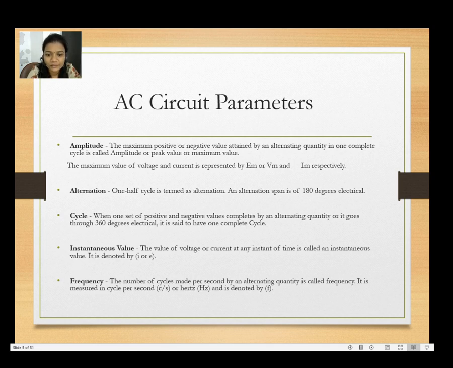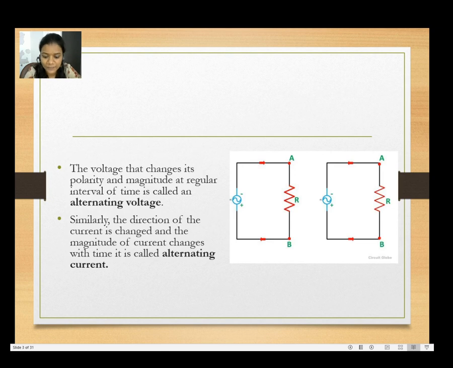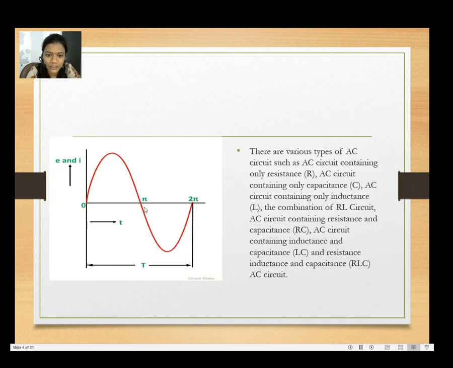When we see the AC signal, we can understand what is amplitude. It is the first parameter of an AC circuit. The maximum positive or negative value attained by an alternating quantity in one complete cycle is called amplitude, peak value or maximum value.